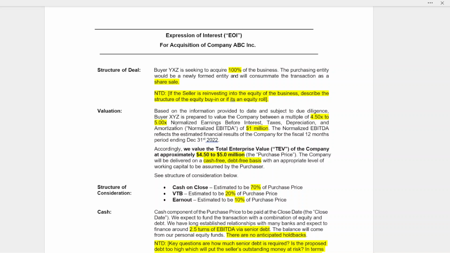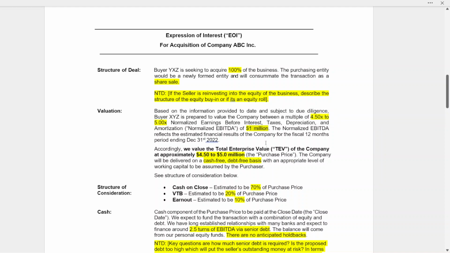So typically it's expected that you have a range. And not a broad range, because if it's a very broad range, then the valuation is not meaningful, but a relatively tight range. So in this example here, buyer XYZ is prepared to submit an offer in the range of 4.5 to 5 times normalized EBITDA, which is $1 million.